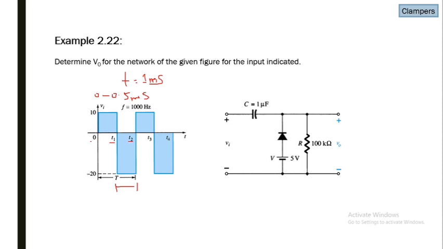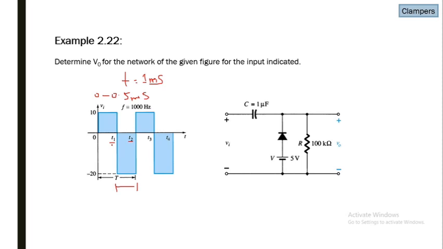For 0 to T1, the diode will become reverse bias. So we cannot start our analysis from 0 to T1. We have to start our analysis from the cycle from T1 to T2.